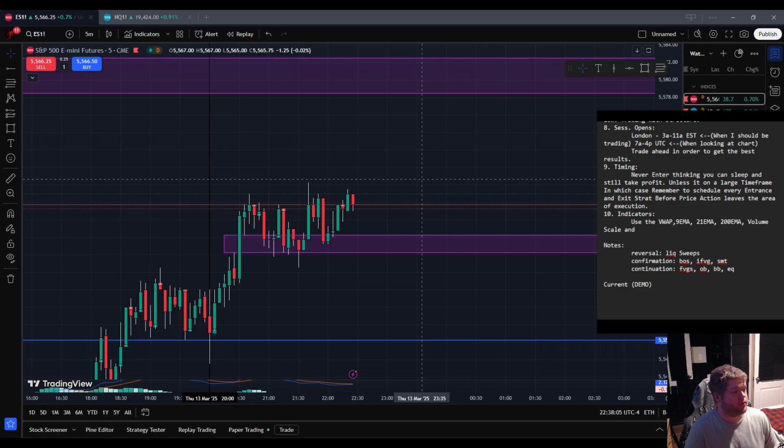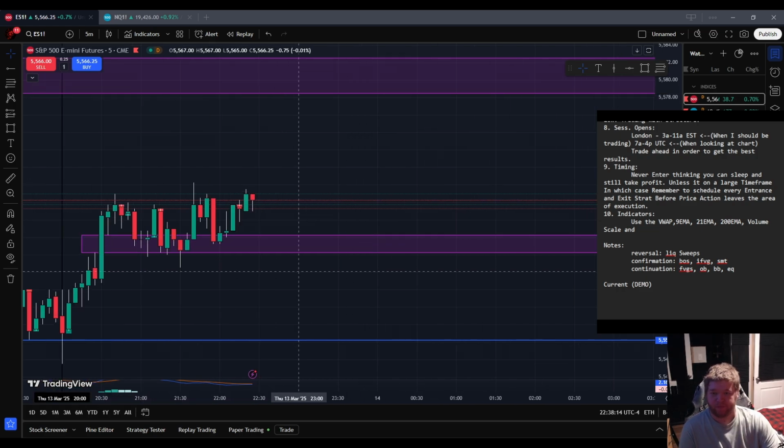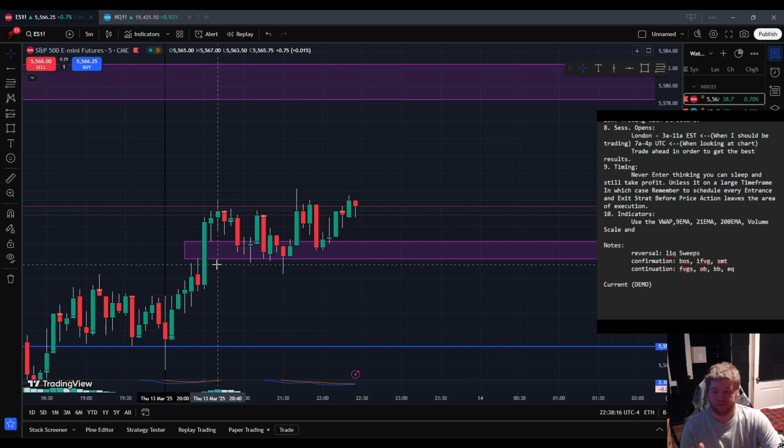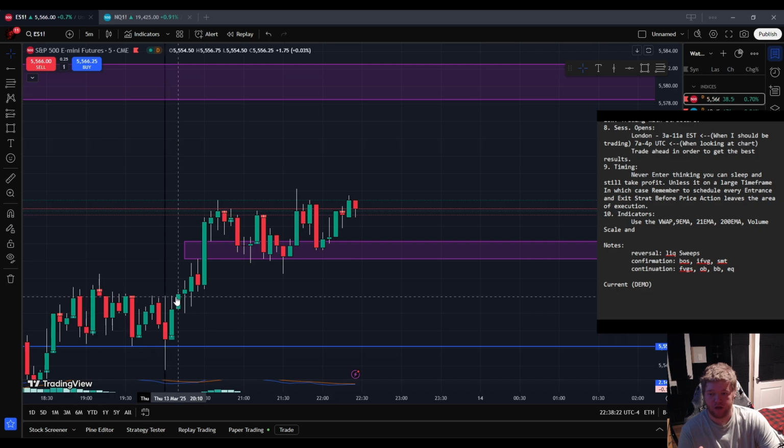Is the leg up. An order block is the leg up or leg down that causes a liquidity sweep. Here. This right here.